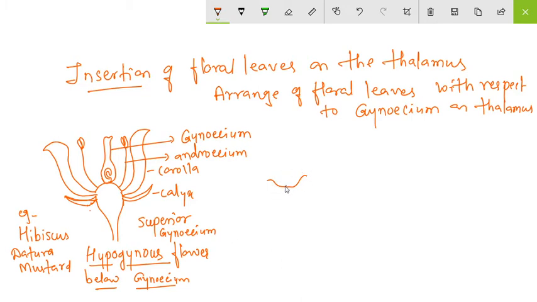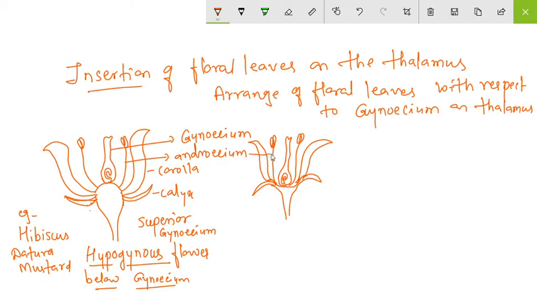In that condition the gynoecium as well as the stamen, then corolla and the calyx, all these are present at the same level.